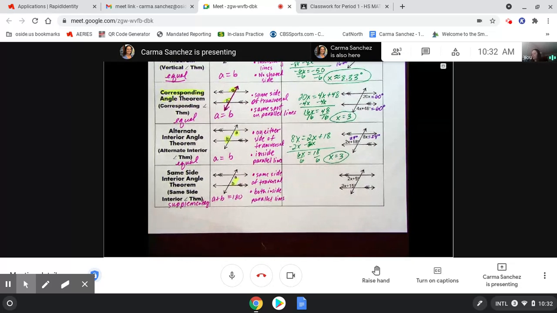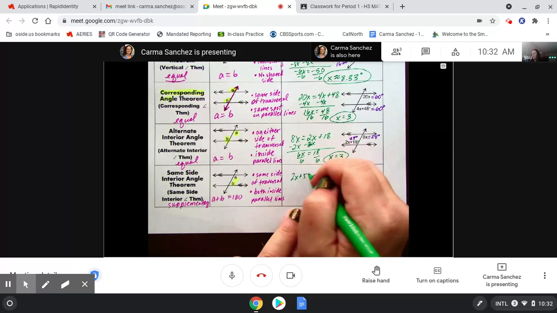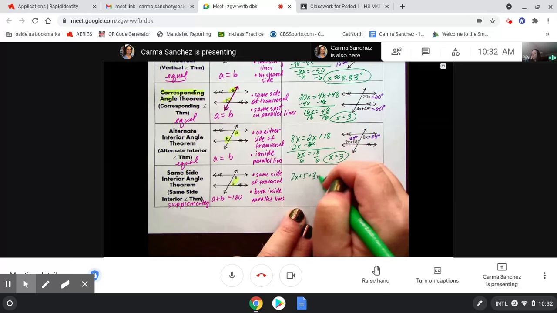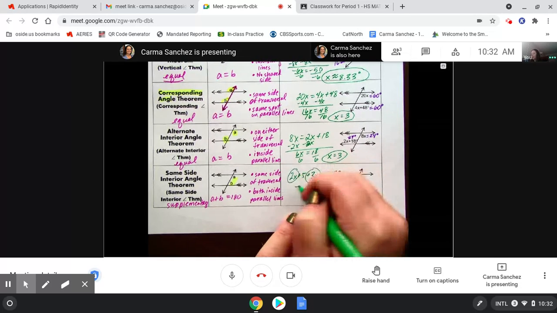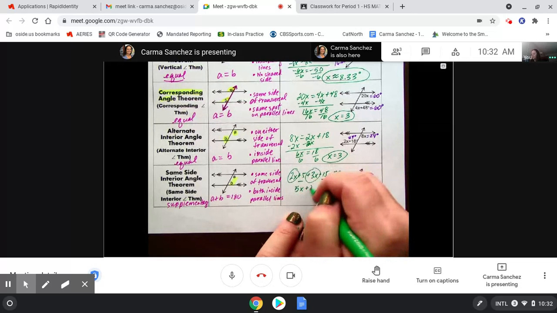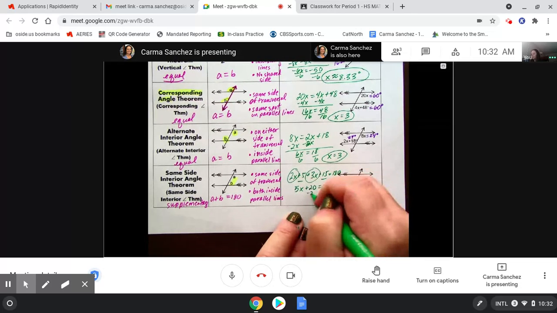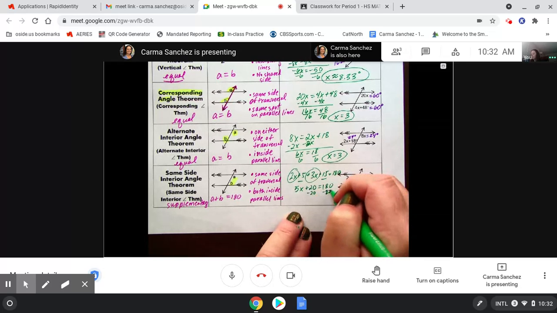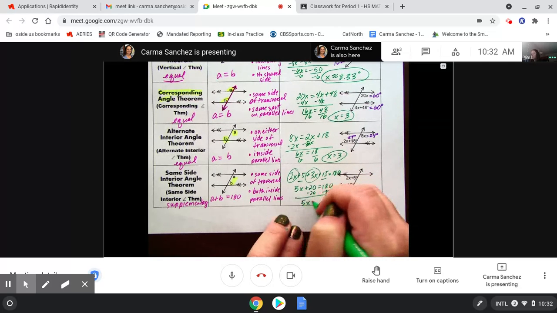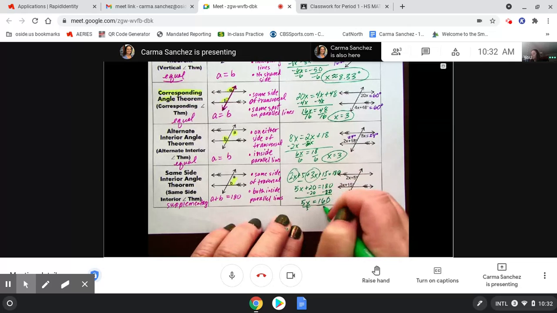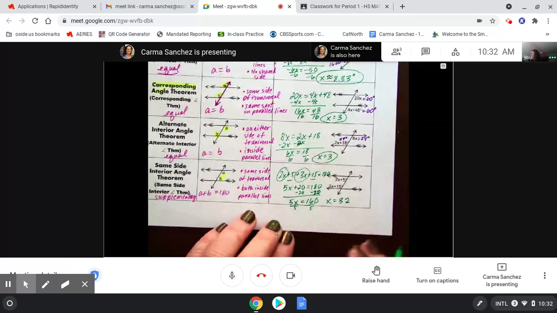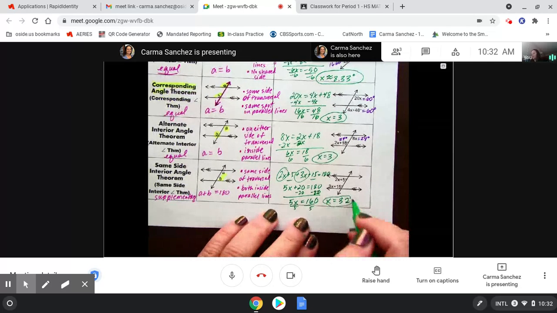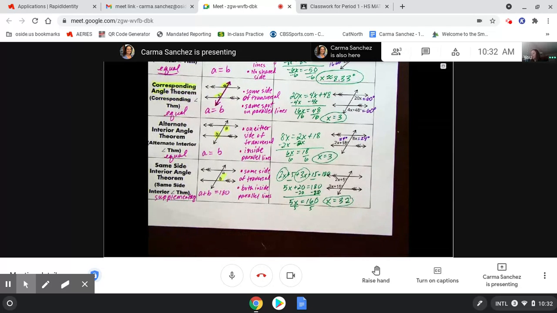So now let's go solve an example of this. 2x plus 5 plus 3x plus 15 equals 180. Combine like terms. If they were just asking for the x, we would stop there at 32.